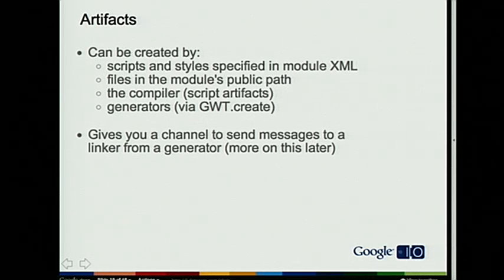Artifacts in your compile come from a number of places. In your module XML, if you specify script or style references, those become artifacts in the compile. If you use the public path for a module, files in the module's public path become artifacts. The compiler generates artifacts after the compile is done; they're called compilation results.